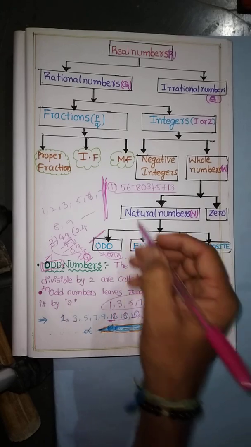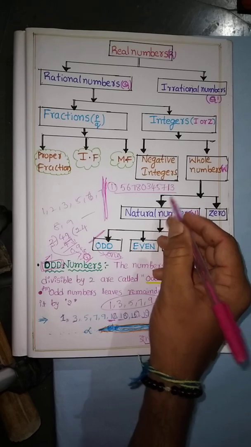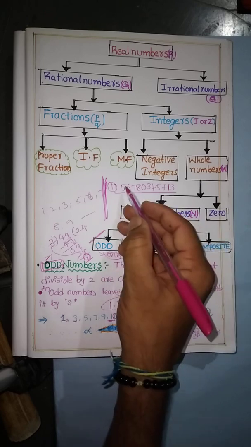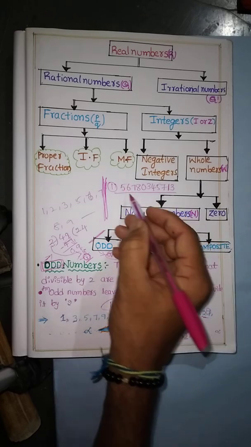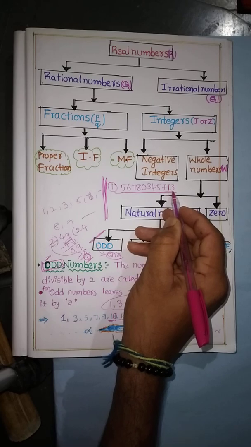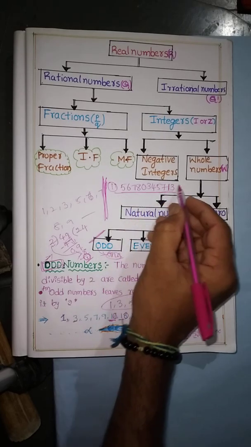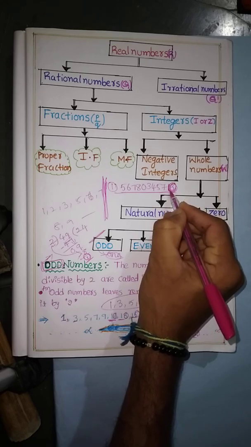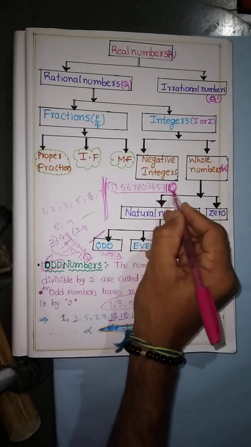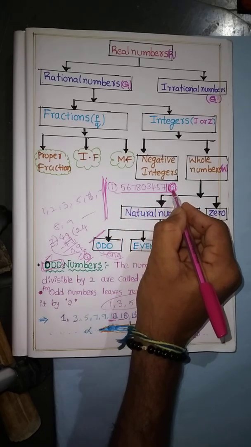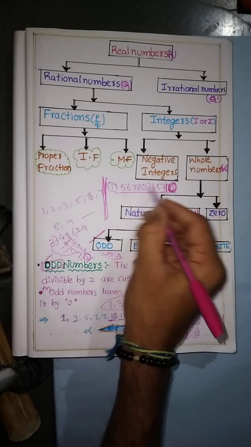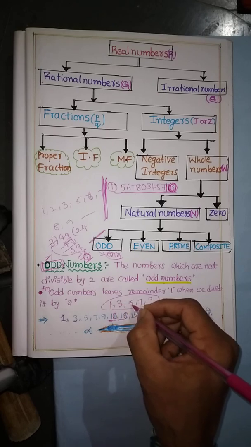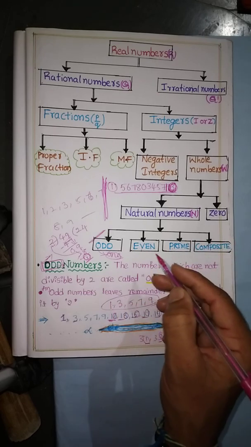If you go through the definition and divide this number by 2 and continue the process, you will spend your whole time. So there is no need to divide this number that way. Just observe its ones place digit. This number contains 3 in its ones place, hence it is an odd number. Odd numbers must contain 1, 3, 5, 7, 9 in their ones place.